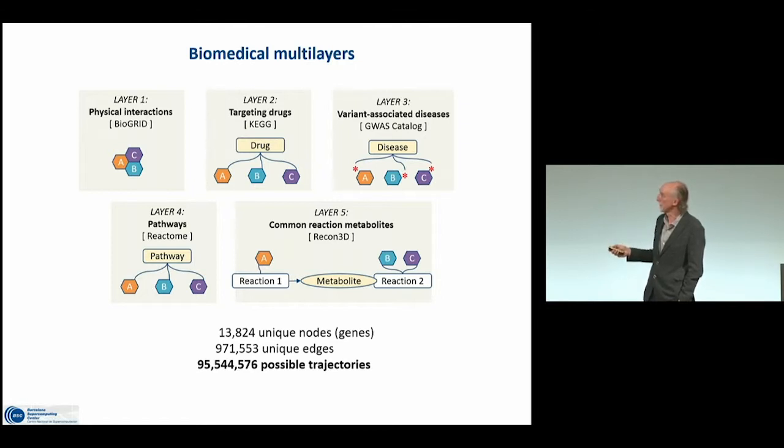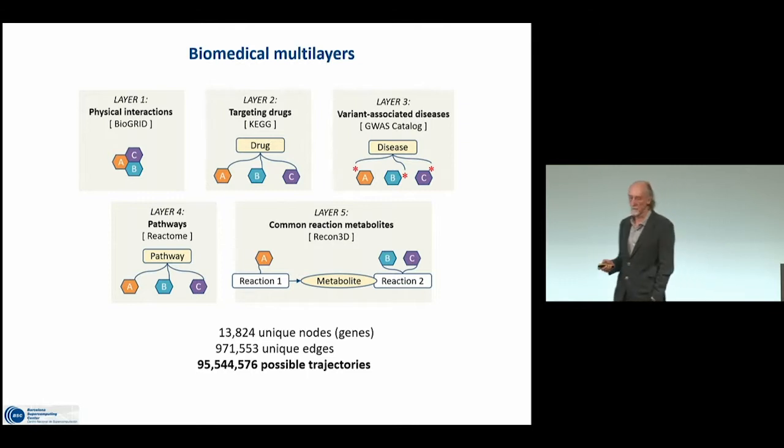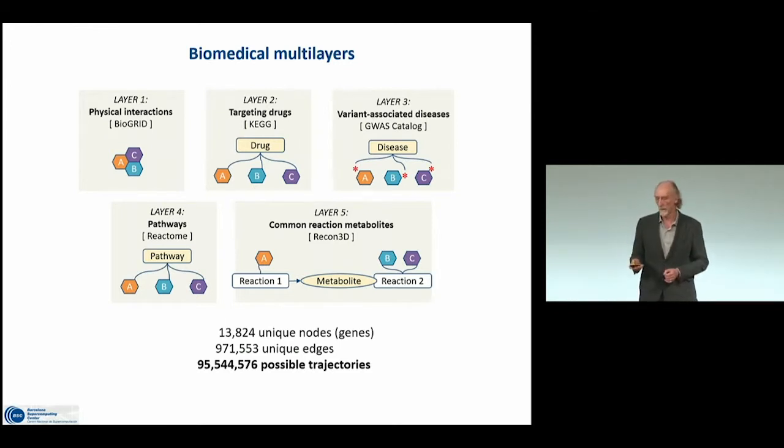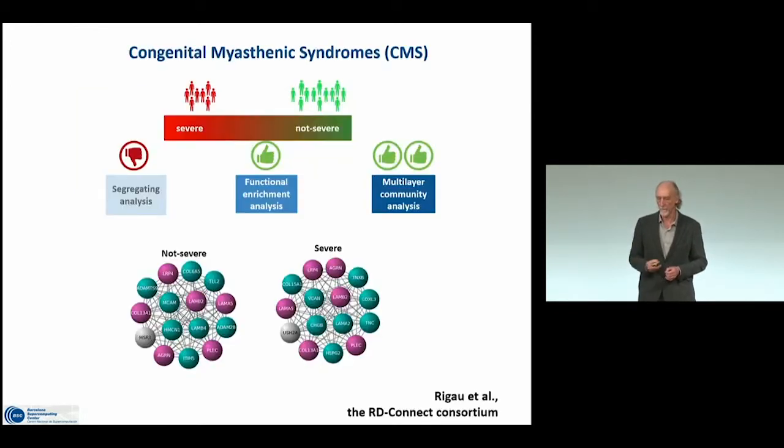As soon as we start putting this information in, the number of trajectories connecting all of it, in this estimation for this particular data set, is around 100 million trajectories. So handling 100 million trajectories becomes an interesting computational problem.